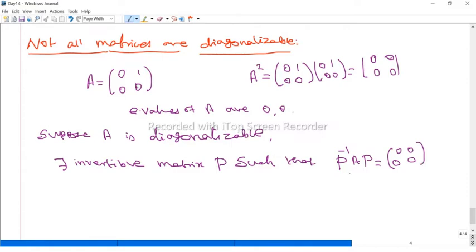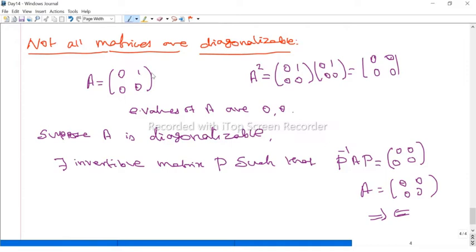Now multiply by P on the left and P inverse on the right, we get A equal to the zero matrix, which is a contradiction because in A at least one entry is non-zero. Therefore, if you assume A is diagonalizable, we get the zero matrix, which contradicts our hypothesis that A is a non-zero matrix. Therefore, this matrix is not diagonalizable.